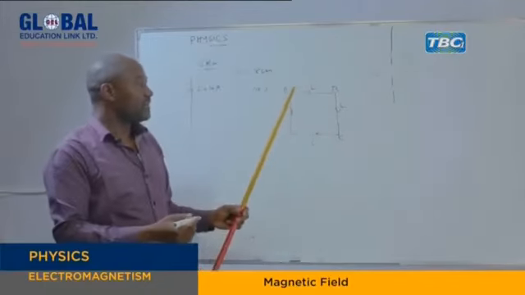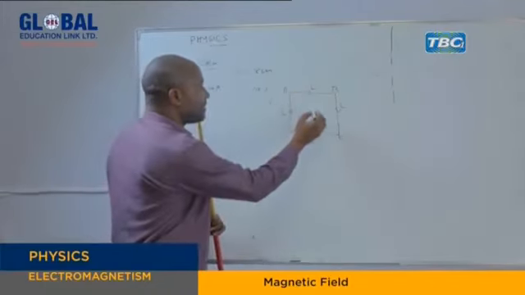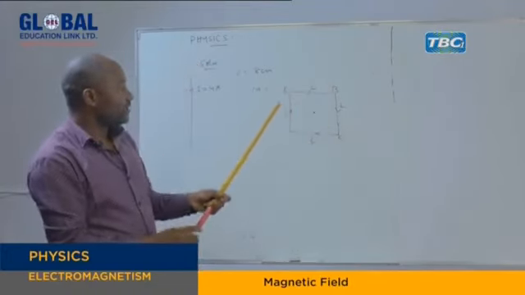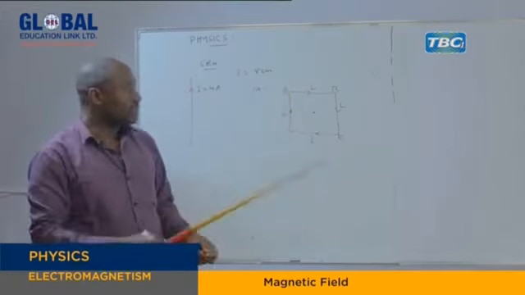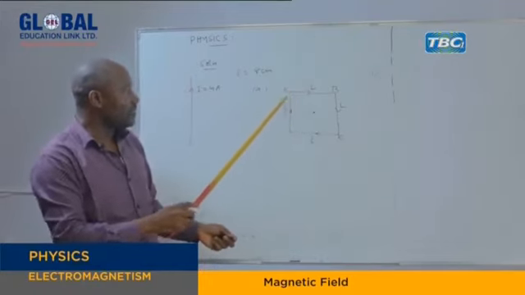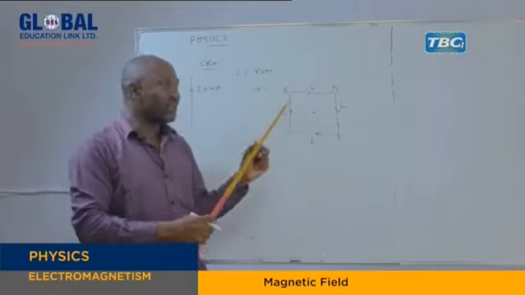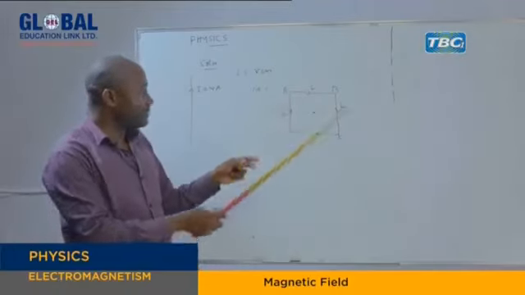Step number 1, you find the magnetic flux density at the center of this loop, which is a square. How do you find it? You know, this is a straight wire, so you have 4 wires which form a loop. We start by thinking about the first wire, which is AB.